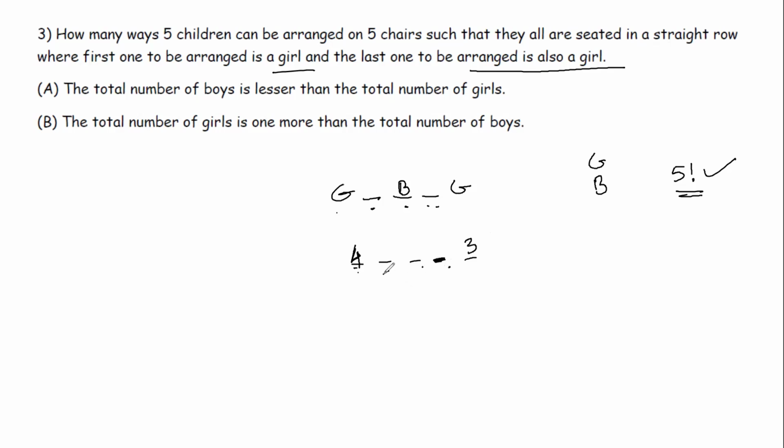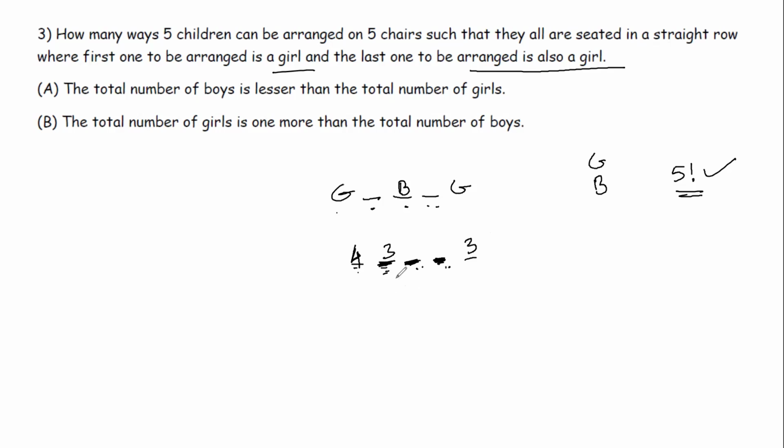Now the boy could be here also, here also, here also. So there are 3 options for the boy. The boy can sit on any of the 3 chairs, right?